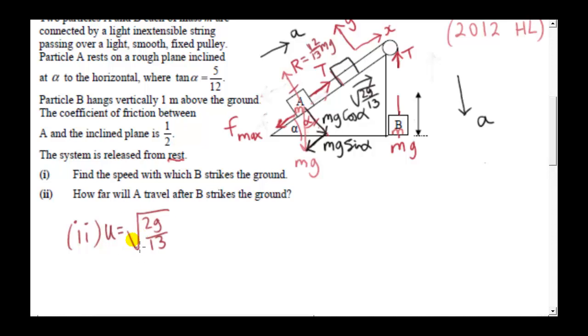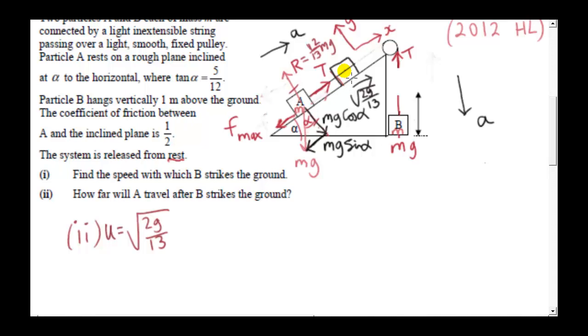Now, to find out how far A will travel after this instant, we need to know what the acceleration of A is. So we need to know what the forces on A are. Well, the string goes slack, so there's no force on A due to the string after B strikes the ground.